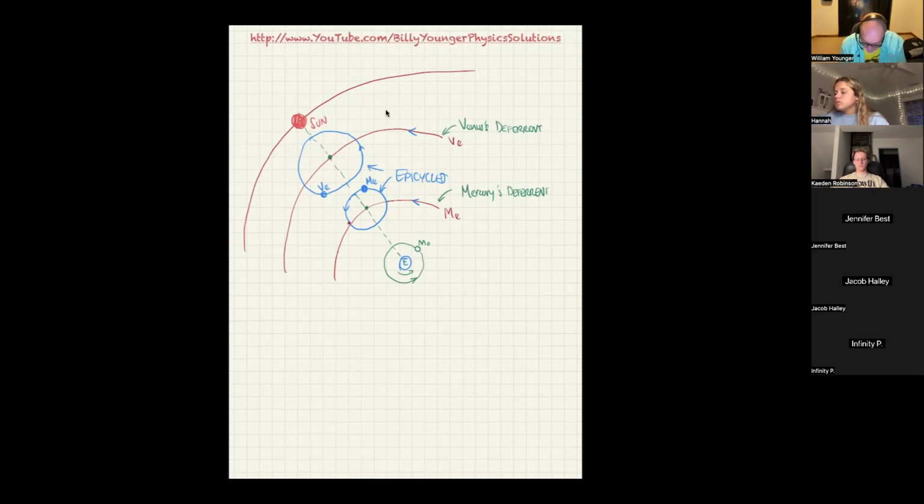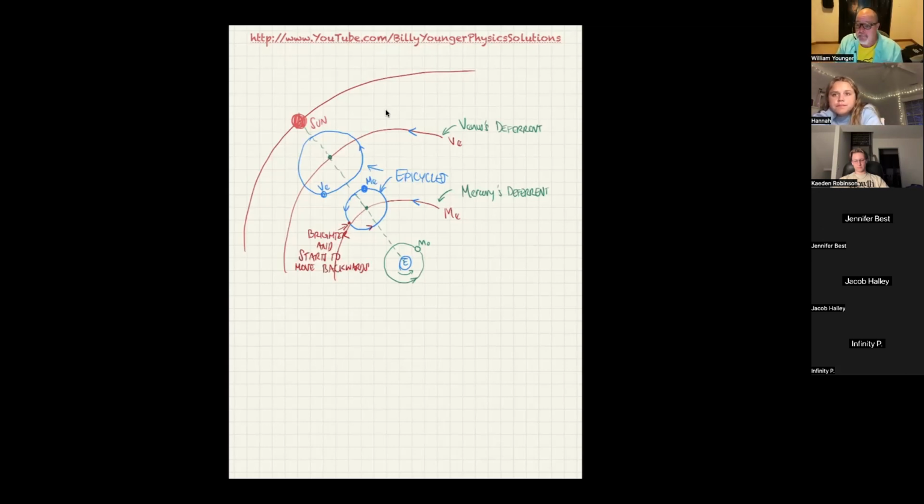So right about here, it gets brighter, which we can understand because it's closer, and starts to move backwards. Okay, because now it's going to go across the screen from left to right from our perspective, whereas before it was going from right to left.